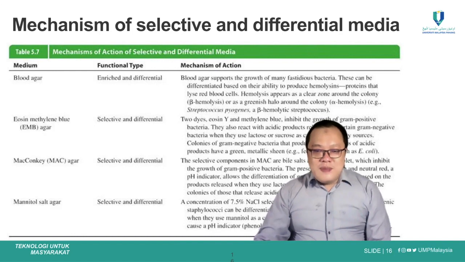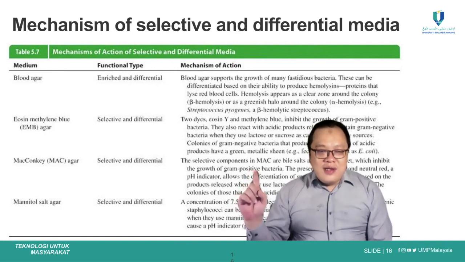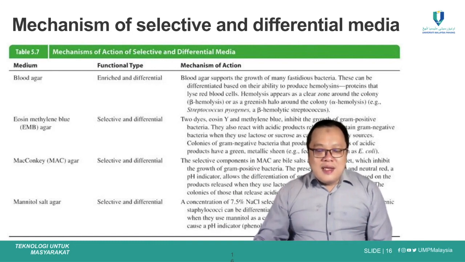Depending on the species of the gram-negative bacteria, for example E. coli, distinct colonies are produced on this EMB agar, such as green metallic sheen colonies. You may read all these different functional types of media in the manual of the culture media.